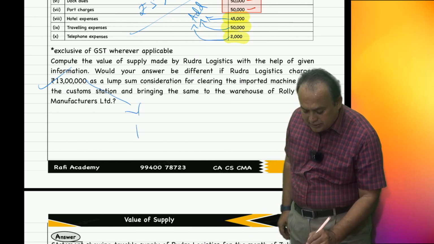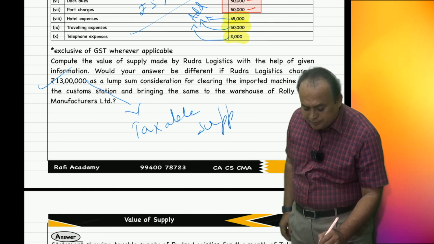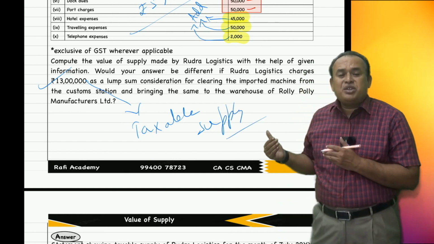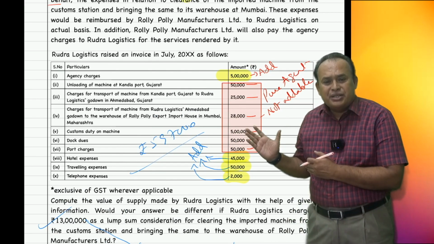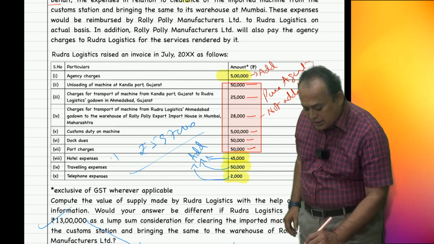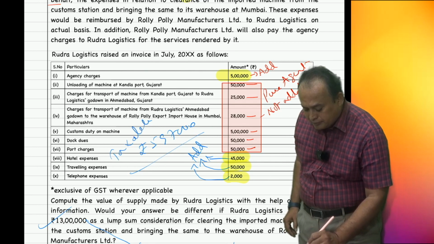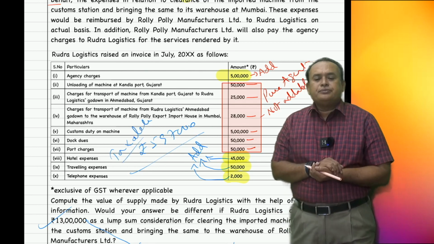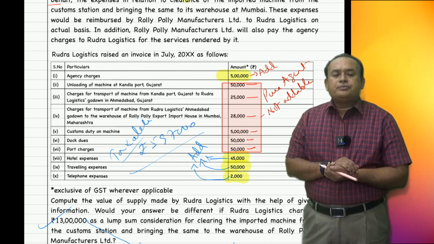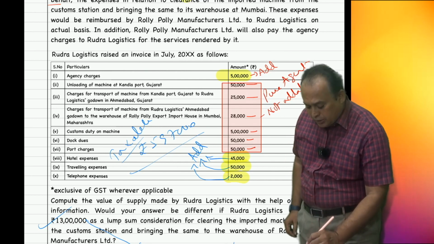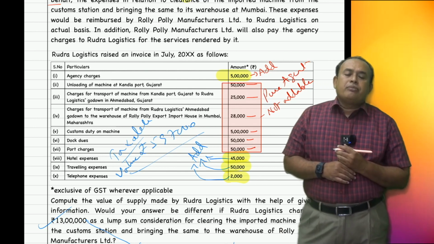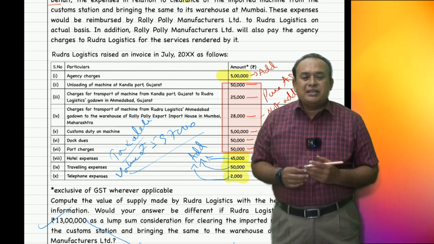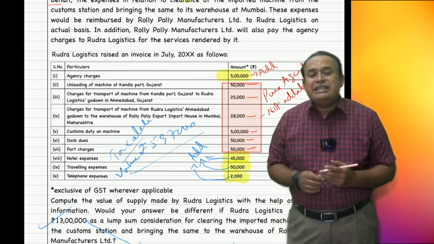If there is no such consolidated value and a clear-cut contract gives the breakup of values like this, then this is called the taxable value of supply. This is what Rule 33 speaks of in a nutshell.